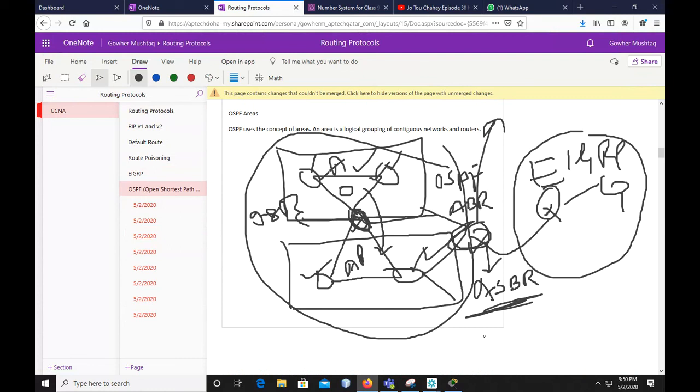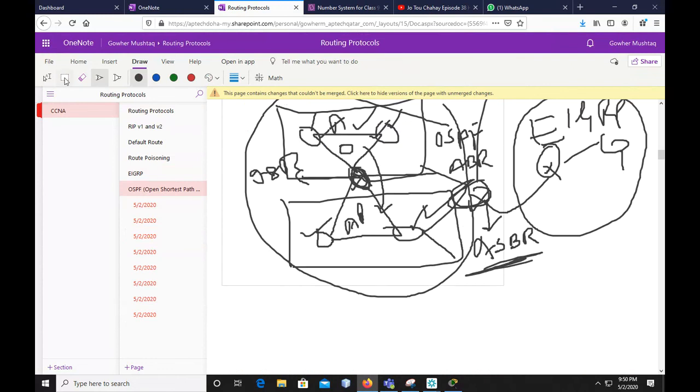The router we use to connect to that network configured with EIGRP is called ASBR, Autonomous System Border Router. Clear with this concept?